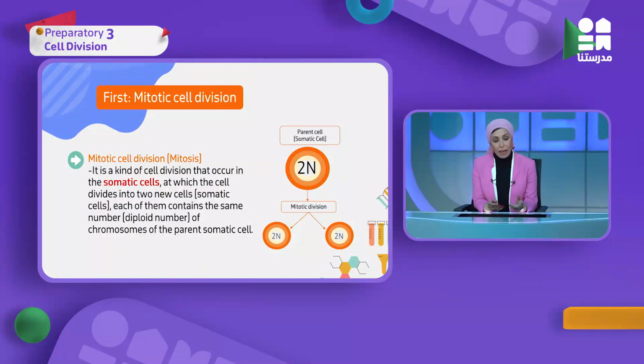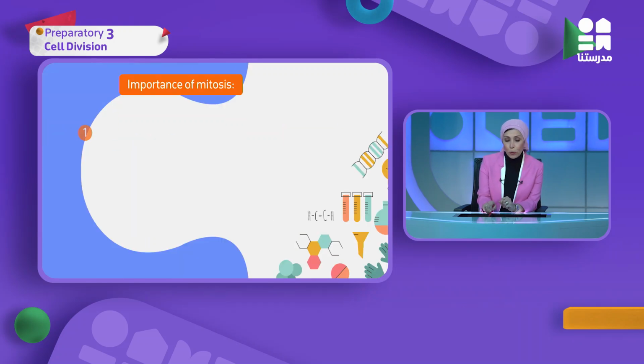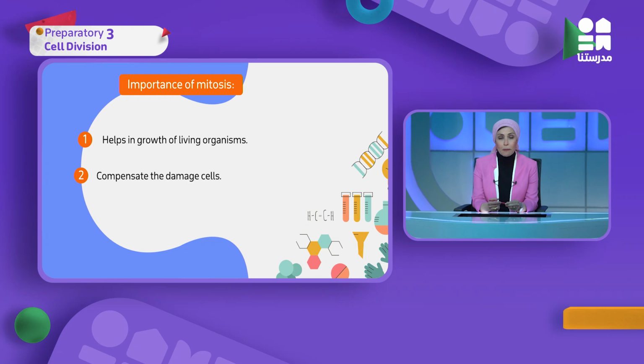So here it's a kind of cell division that occurs in the somatic cells, in which the cell divides into 2 new cells, also somatic, each one containing a diploid number of chromosomes as the parent cell. What is the importance?